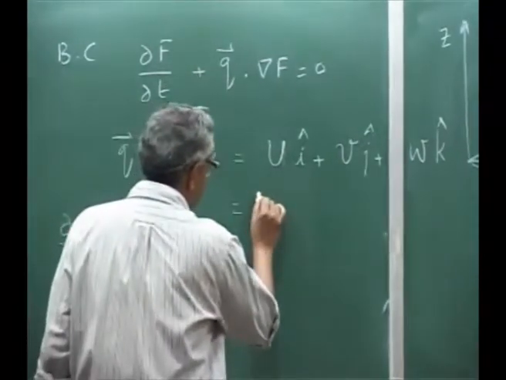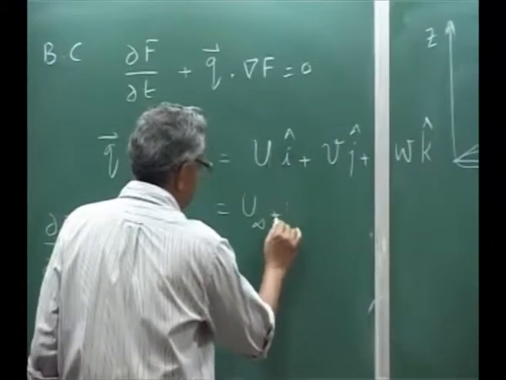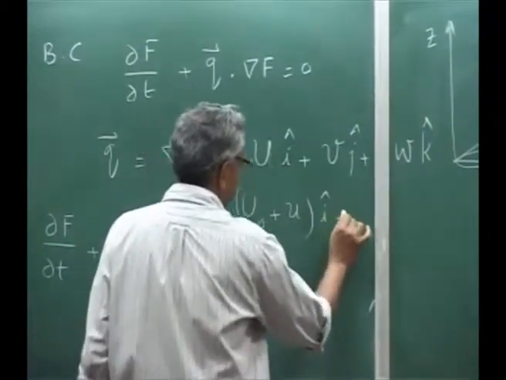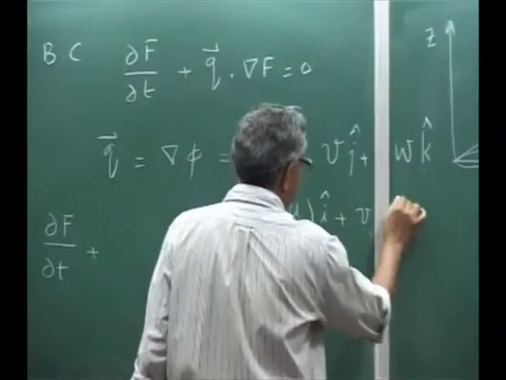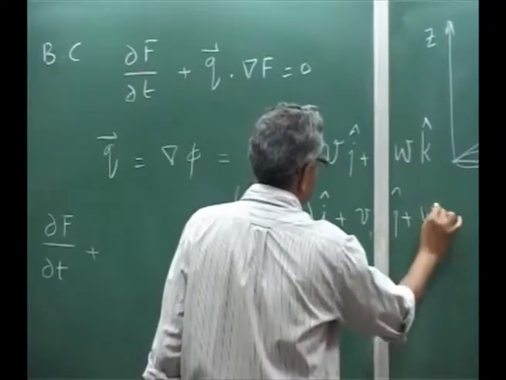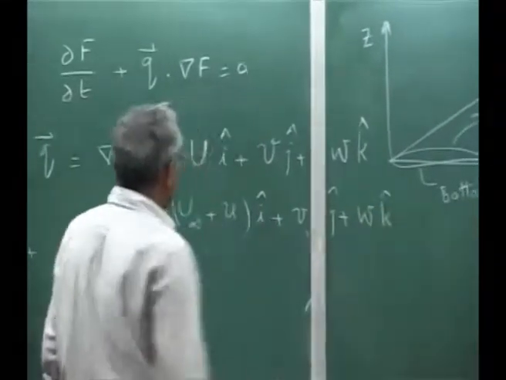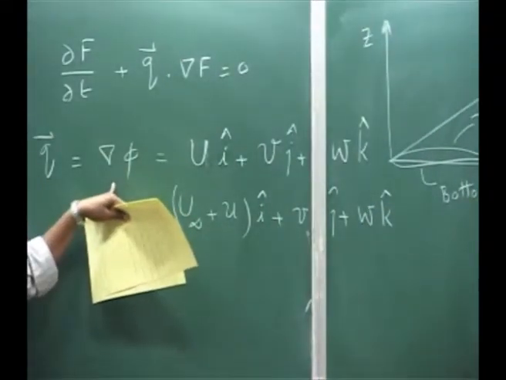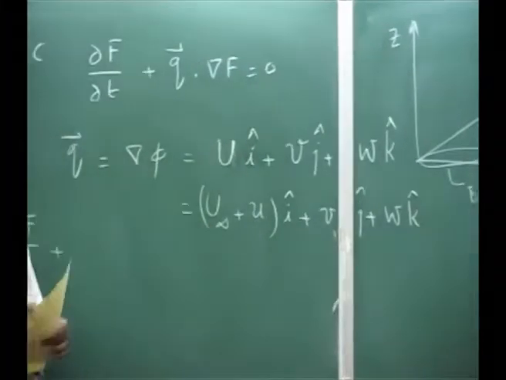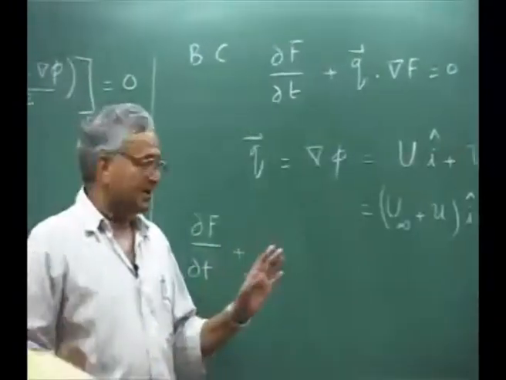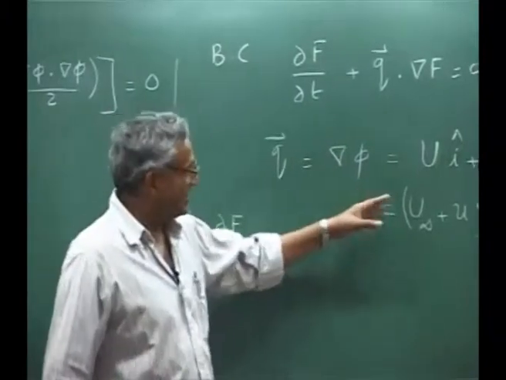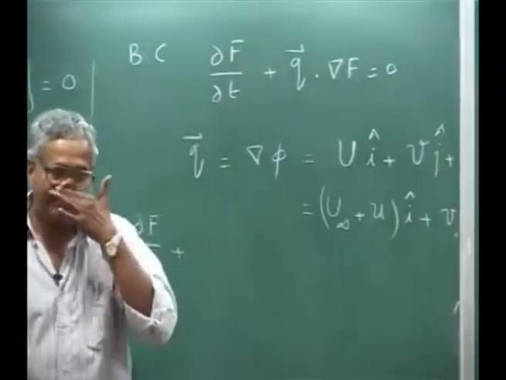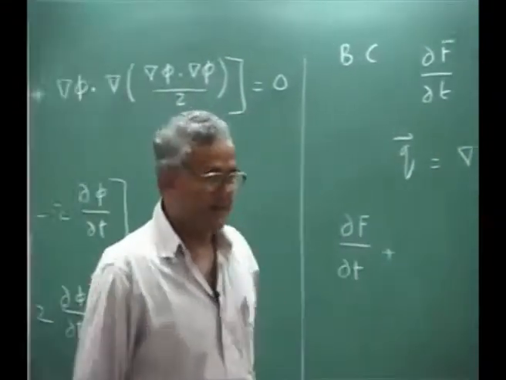This I am going to write as U infinity plus lowercase u I plus V J plus W K. That means my potential gives me the total velocity, the gradient of potential, and my U infinity is the velocity in the far field.